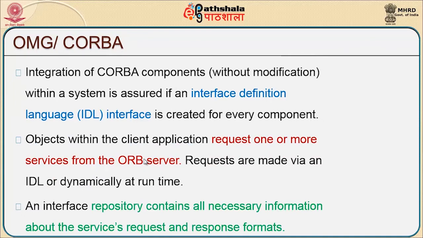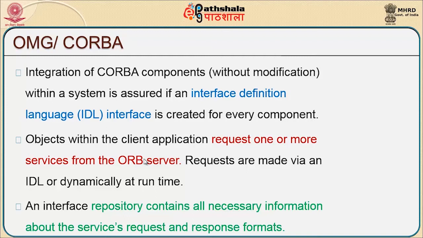Integration of Corba components without any modification within a system is assured if an interface definition language, IDL, is created for every component. So we may have to create an individual interface called the interface definition language, and after its creation, we can use the same component any number of times within the system. Objects within the client application request one or more services from the ORB server.